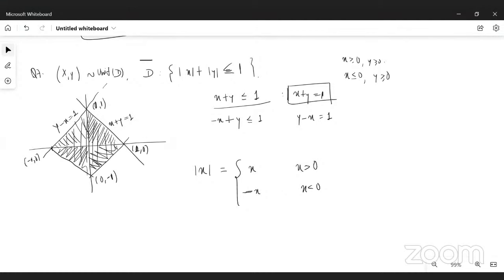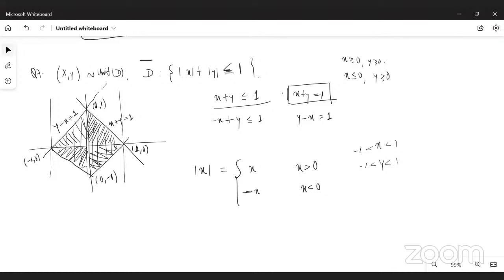The incorrect answers are for x lying between -1 to 1, y lying between -1 to 1. And the other incorrect answer is x greater than 1, y greater than 1. If you take x lying between -1 to 1 and y lying between -1 to 1, that would be a square, won't it?